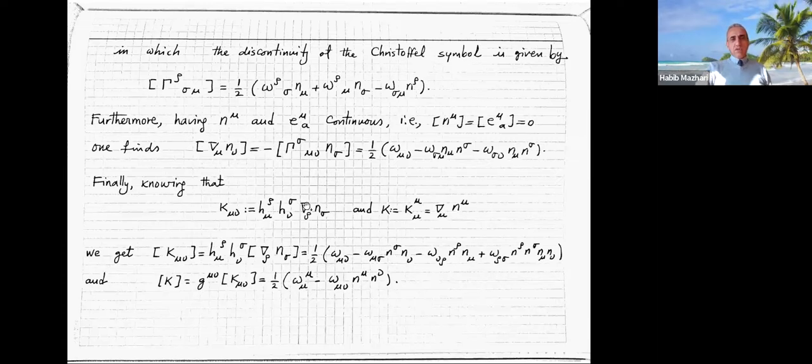So then, since we know the discontinuity of the covariant derivative of n, we can simply find the discontinuity of the extrinsic curvature tensor, and also we can find the discontinuity of the trace of the extrinsic curvature K. So now all is given in terms of the normal vector, and also that omega mu nu, which was actually the component of discontinuity in the normal direction of the derivative of G mu nu.